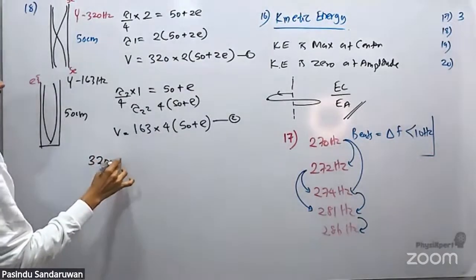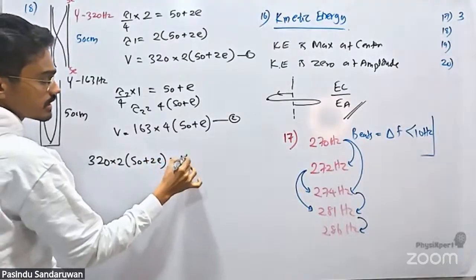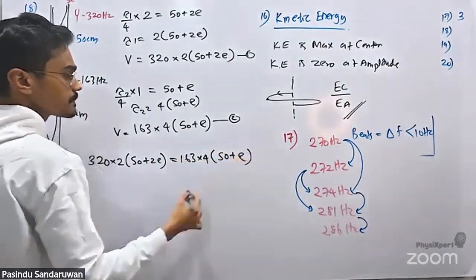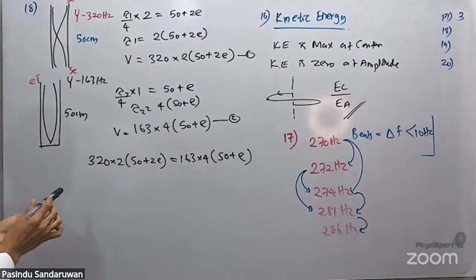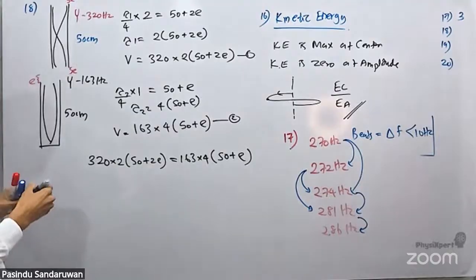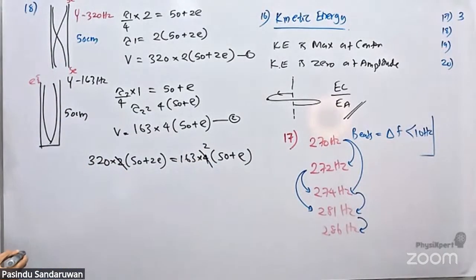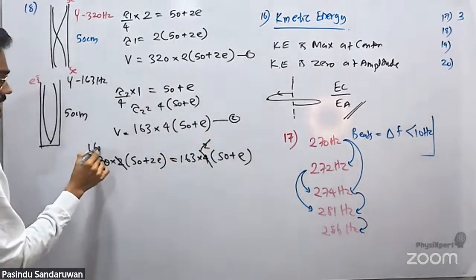320 times 2 times 50 plus 2E equals 163 times 4 times 50 plus E. So simplify this. This is 2 times 2, and by 2 this cancels. 2 times this is 160.